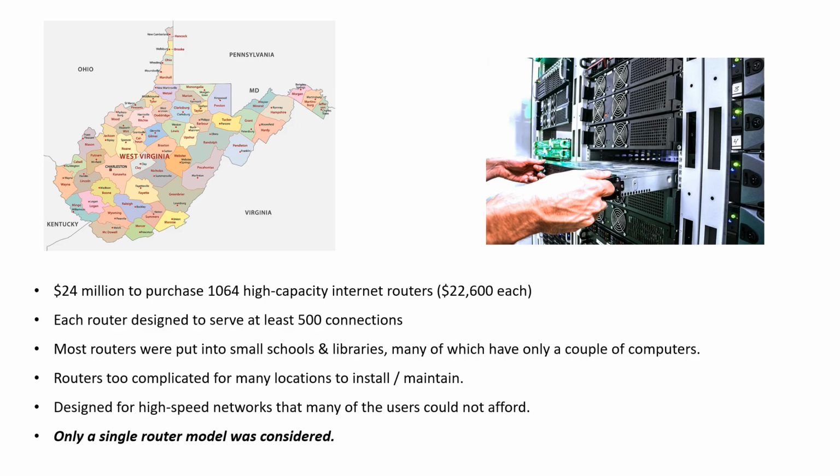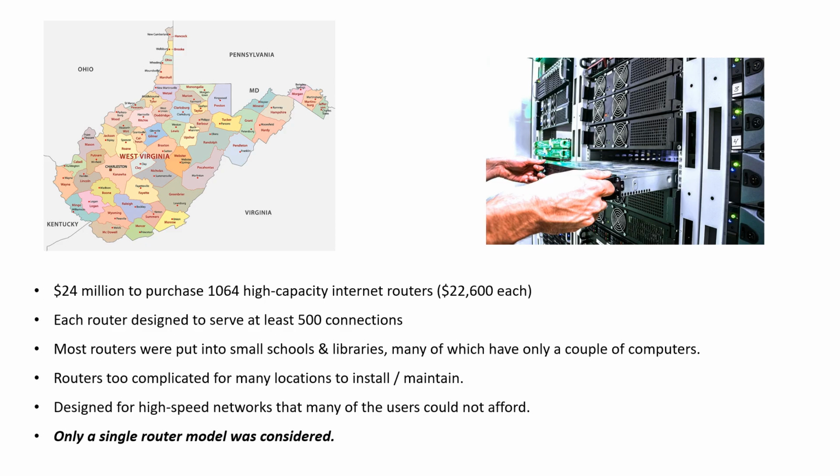They were $22,000 routers that in most cases were sent to very small libraries that typically had 3 computers. So you're connecting $1,000 worth of computers to a $22,000 router that was so complicated the librarians didn't know how to set it up. In many cases, they didn't have the correct kind of fiber internet connection to make the router compatible.